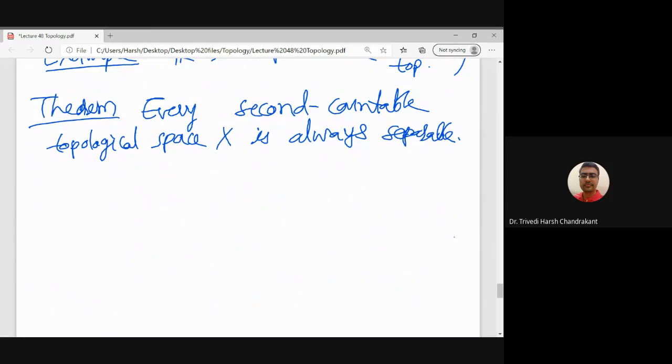Basically, using the second countability criterion, we need to find a countable dense subset, right?